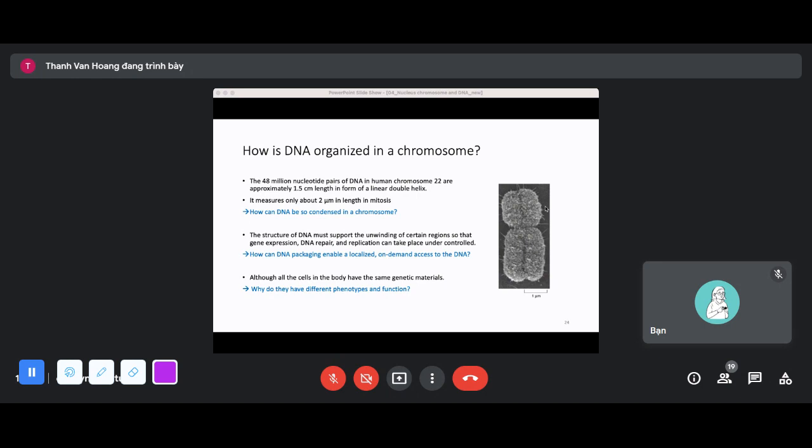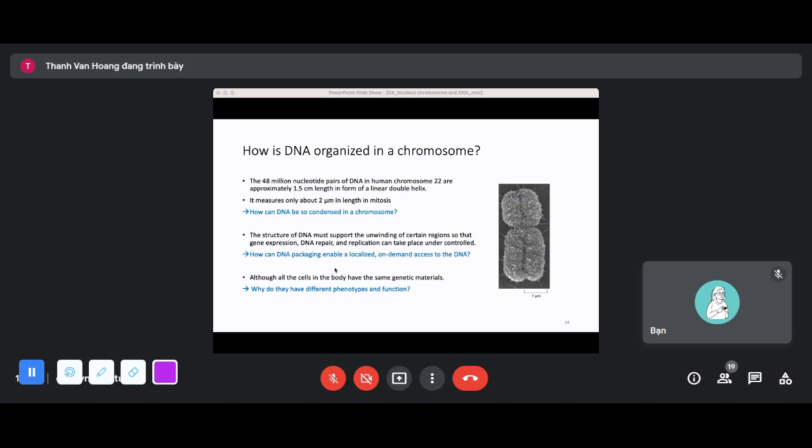Or another example, when a gene should be transcribed into RNA to make protein, the promoter regions of these genes have to be open for the transcription complex, right? Okay.